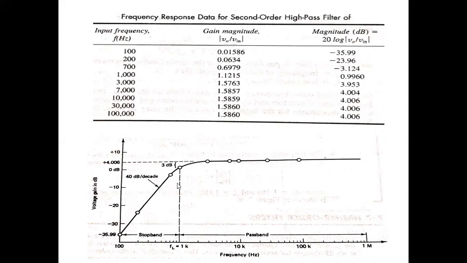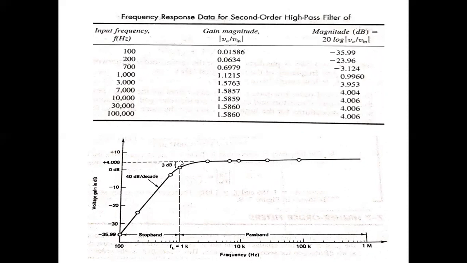frequency response of the second order filter. According to the table, we draw the frequency versus voltage gain magnitude, and this will be the plot for the above table or above responses, and we get the frequency response of the second order high pass filter. As you know, according to theory, the lower frequencies are attenuated, that is the stop band, and higher frequencies are passed.